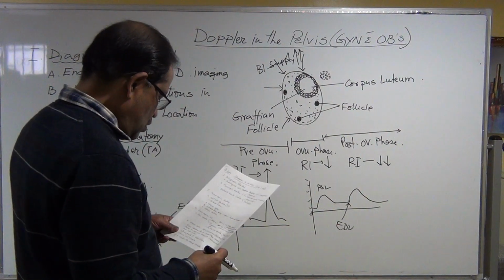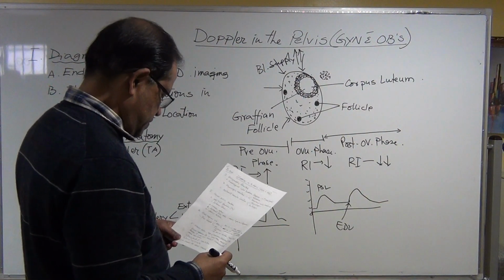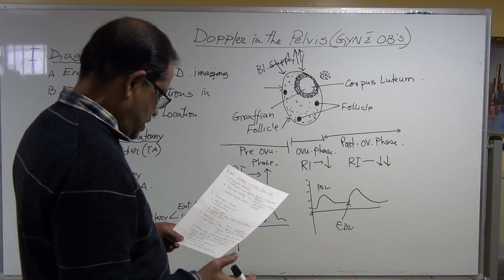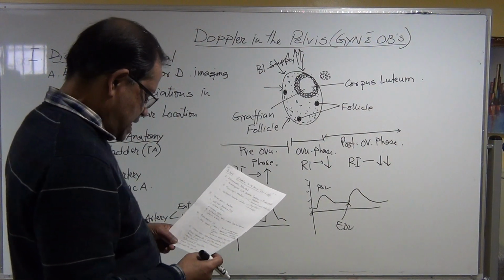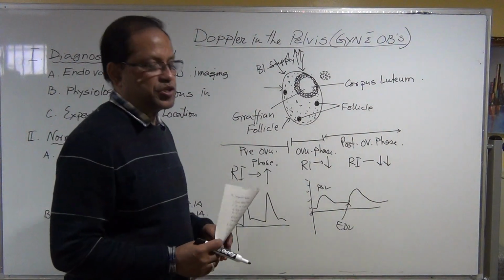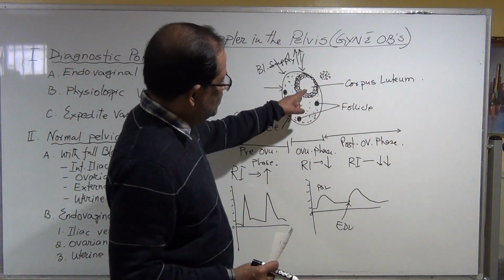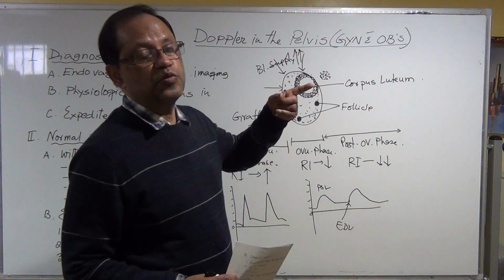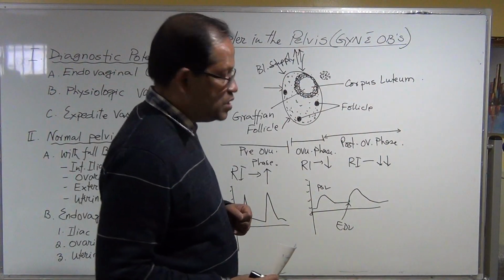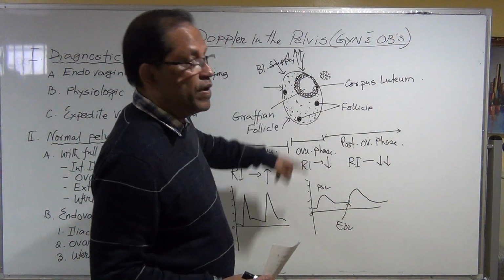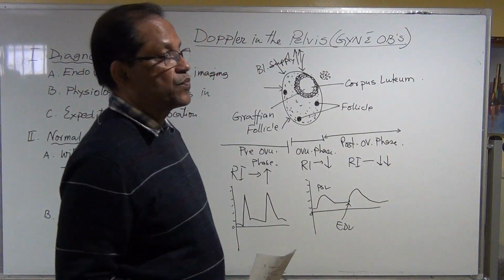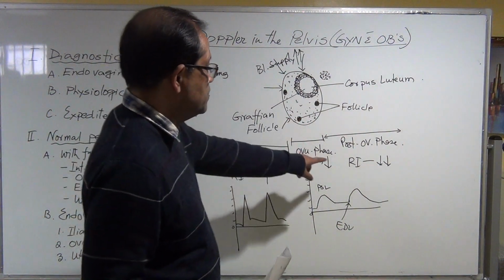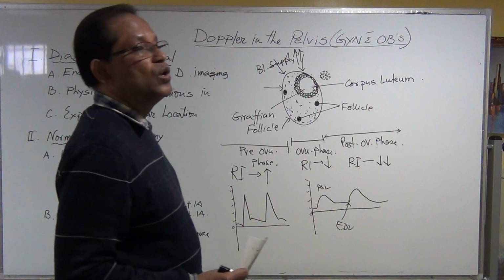We need to remember those things. During the functions of the corpus luteum it would be low, and during the first trimester, the corpus luteum stays inside the ovary up to 10 to 12 weeks. During the first trimester, you will see the ovary gets more blood supply. That's why the resistivity index will be low.